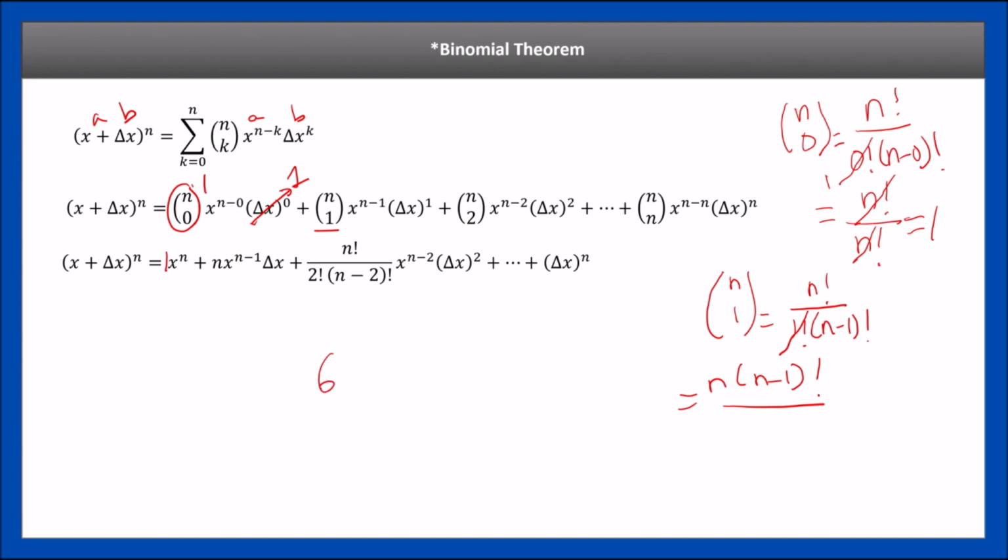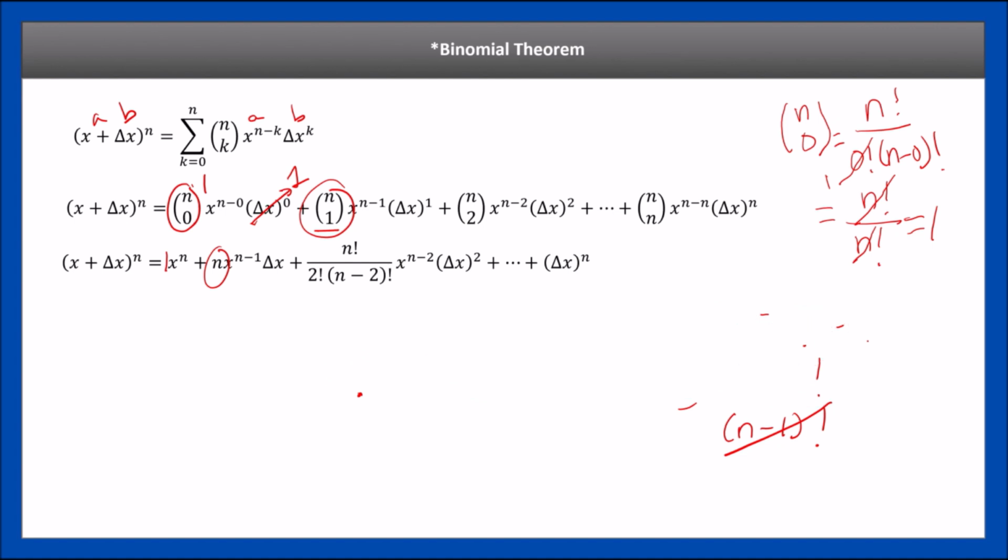Remember what we said earlier, that 6 factorial can be written as 6 times 5 factorial. Because 5 factorial is just going to be 5 times 4 times 3 times 2 times 1, but we can stop it there. Now, why do we want to stop it there? Because we want to cancel it out with the n minus 1 factorial down here. And that gives me n. Well, that's how we got the n right here. See, notice that this turned into n. Okay, so hopefully that makes sense.